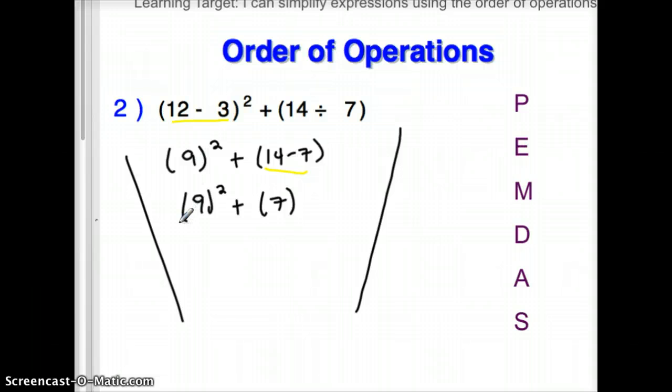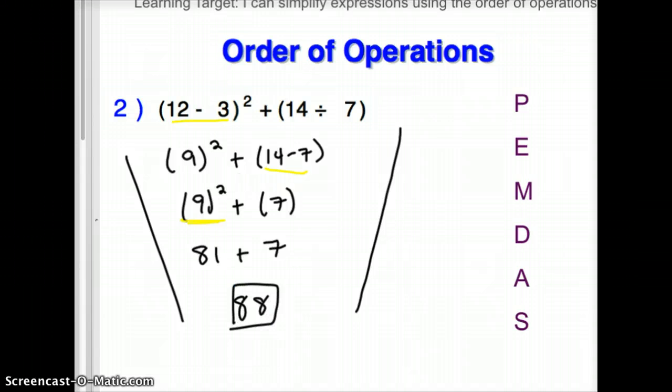I do, so I need to take care of this exponent first. 9 squared, be careful, that doesn't mean 9 times 2, 18. That's not what a square means. 9 squared is 81, 9 times 9, plus my 7. So my last operation is 81 plus 7, so that's going to give me 88.